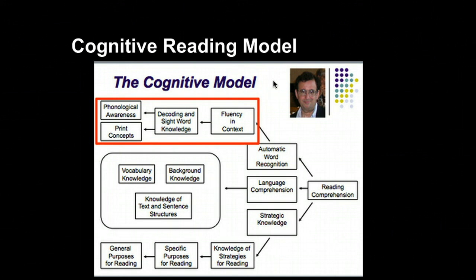But you need all of this for reading comprehension. And if you're interested in the picture, I think that's Michael Pressley, no longer with us, but a great thinker in terms of comprehension strategy instruction.